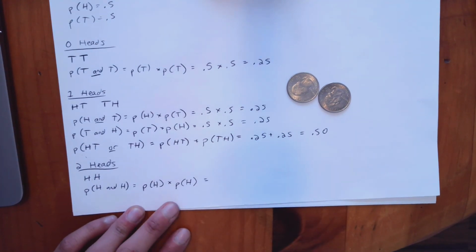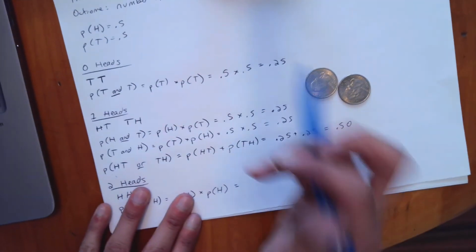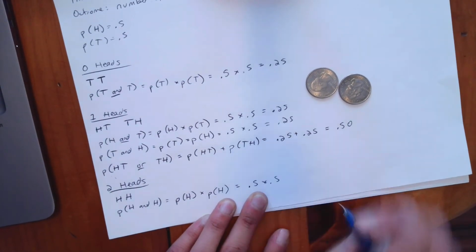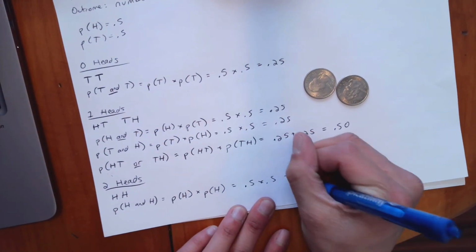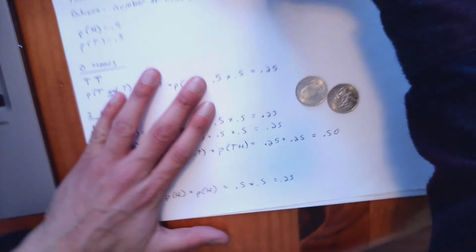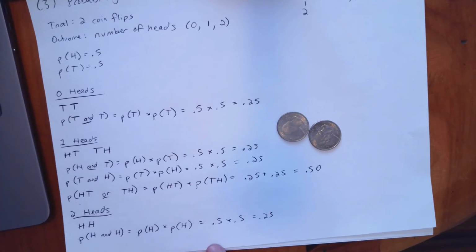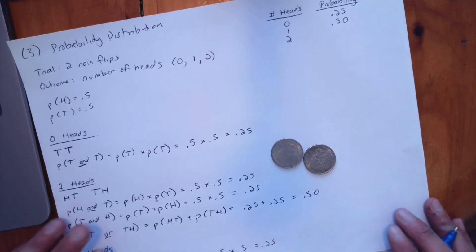Here we can plug in our probabilities for heads, which are of course 0.5 for each. And here we've got 0.5 times 0.5, which gives us 0.25. So there's a 25% chance that if you flip two coins, you're going to get heads for both coins.